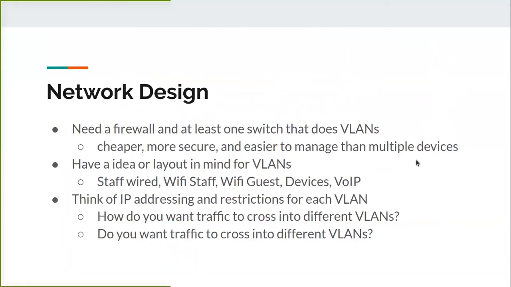Think about IP addressing when you're doing your design. A lot of this stuff comes in as 192.168.1. If you're doing a more commercial setup for an organization, I would do something different. I'm doing 192.168.100, and then 101, 102, 103. The reason is you don't get mixed up with people who bring in home devices that might have that 192.168 address.